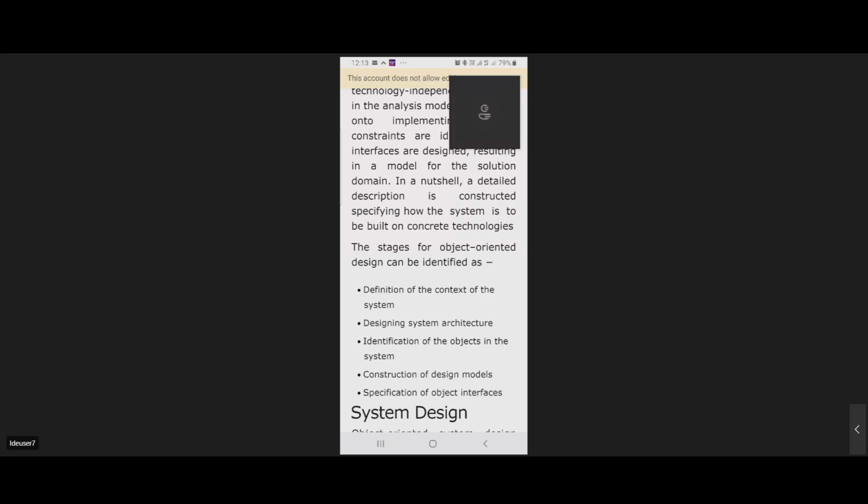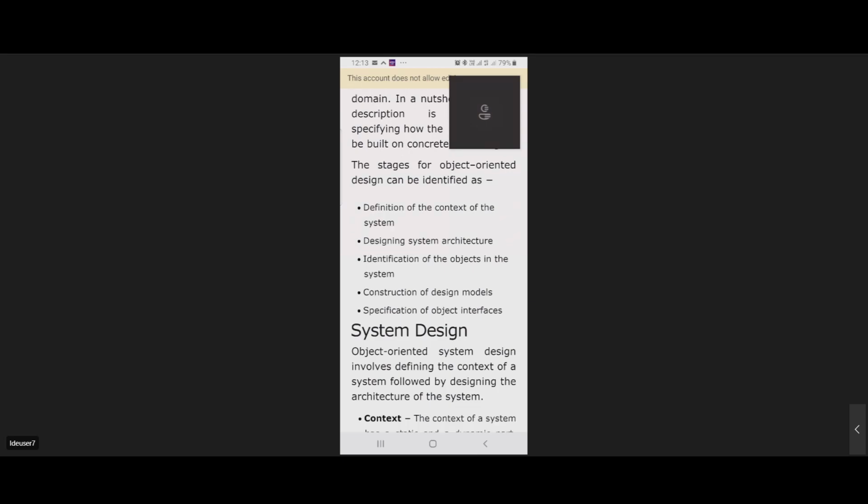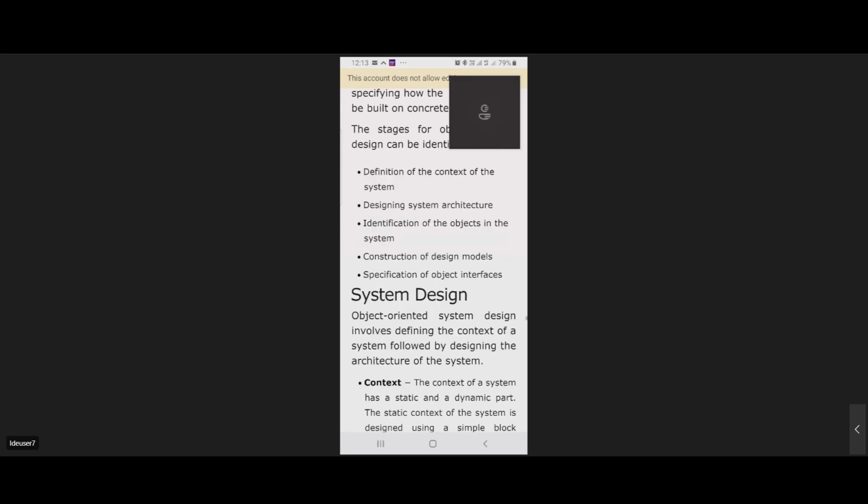So what are the stages of OOD? The first stage is the definition of the context of the system. The second stage is designing the system architecture. The third stage is identifying the objects in the system. The fourth is the construction of design models.